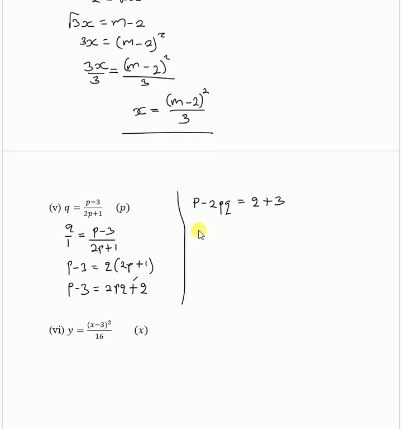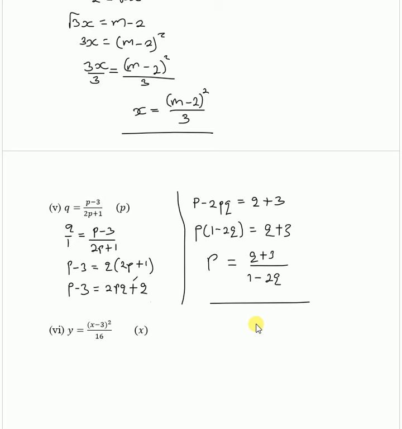We shall factorize out p. This is p into 1 minus 2q equaling q plus 3, such that p alone is equal to q plus 3 divided by 1 minus 2q.